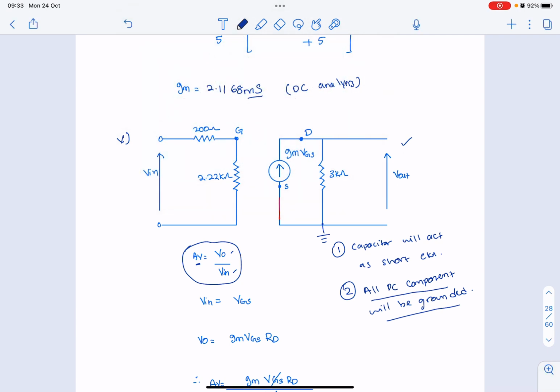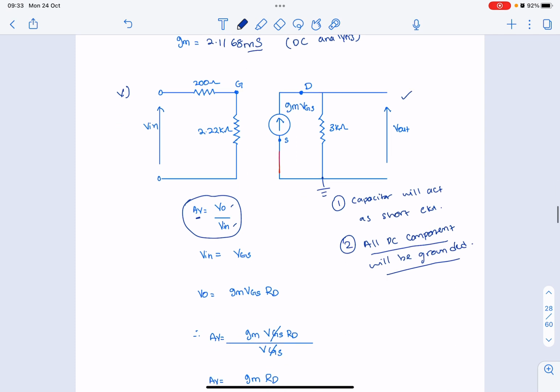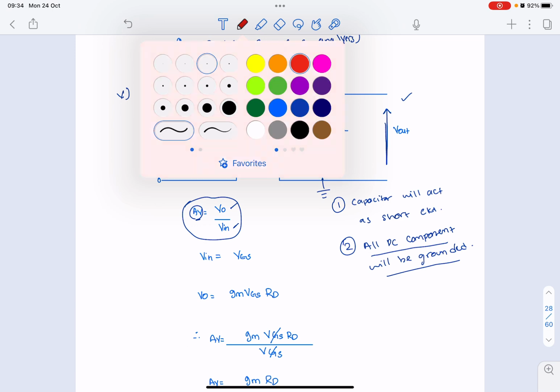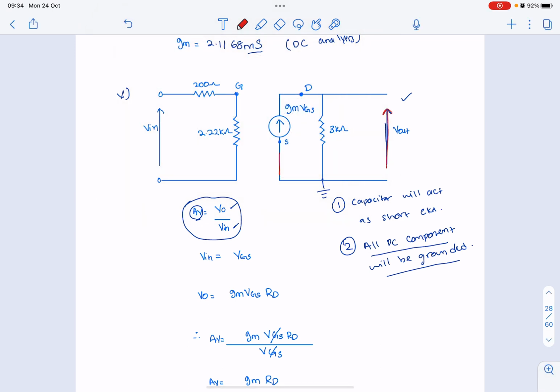Okay. So in order to get the voltage gain, you need to know what is your V out and what is your V in. So if you look at this diagram, your V out is at this point. Here is your V out. V out should be equal to the voltage across this point.